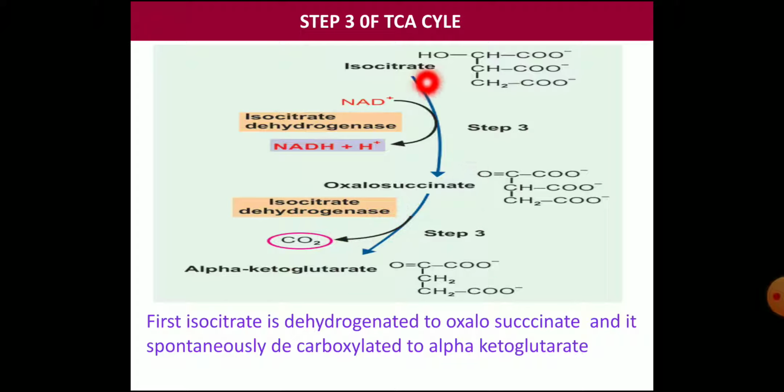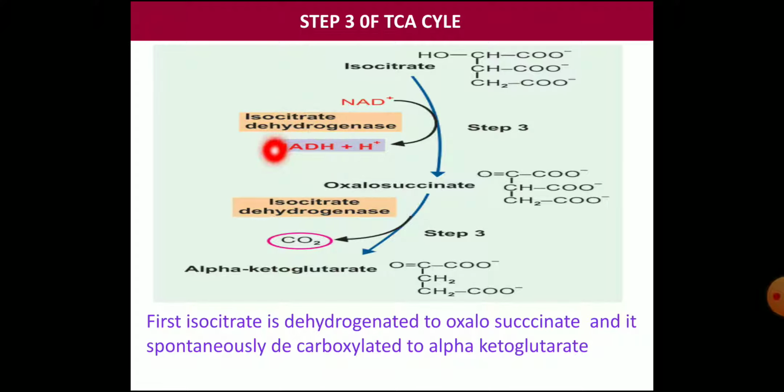So first there is dehydrogenation and then decarboxylation. Here NAD is required, and one molecule of carbon dioxide, which comes from the acetyl coenzyme A, is released. So remember this is the first step where carbon dioxide is released, and again NADH plus H is formed.